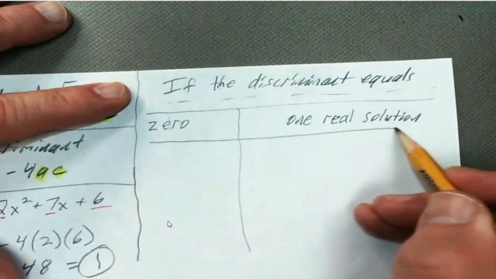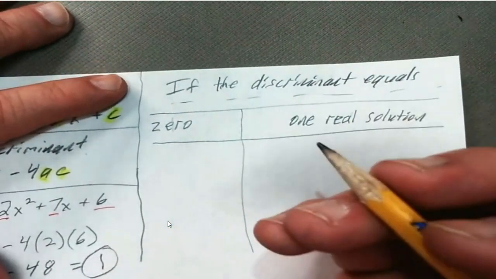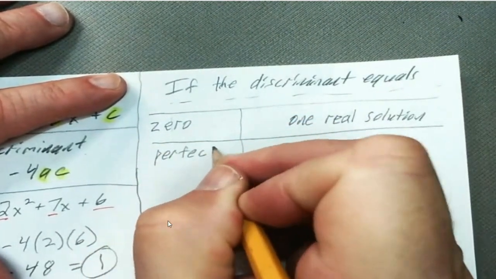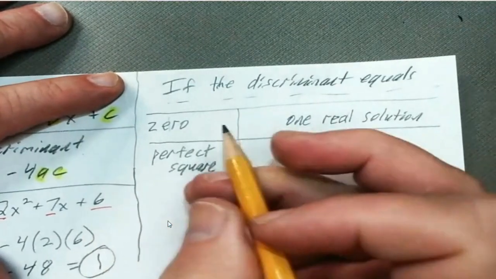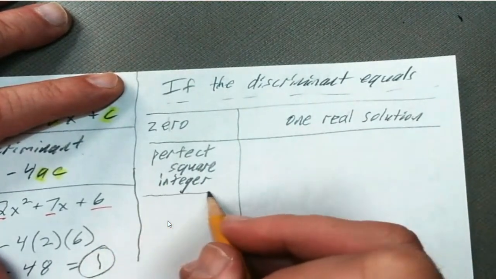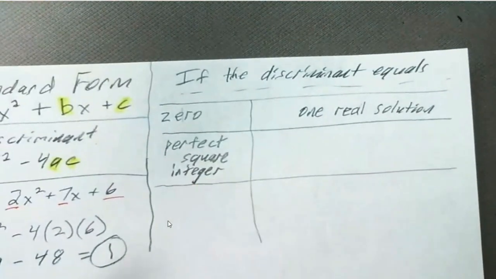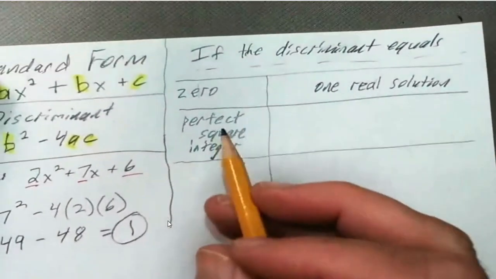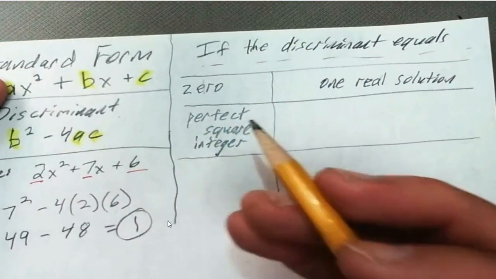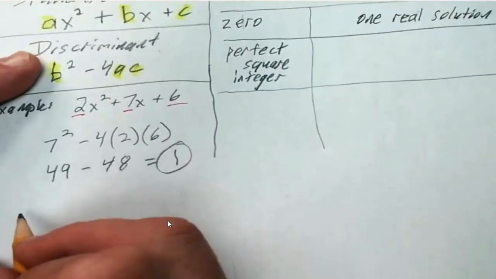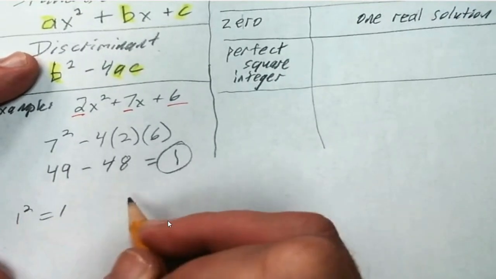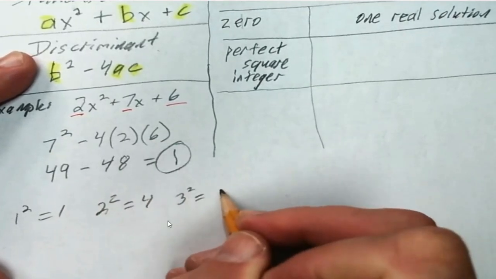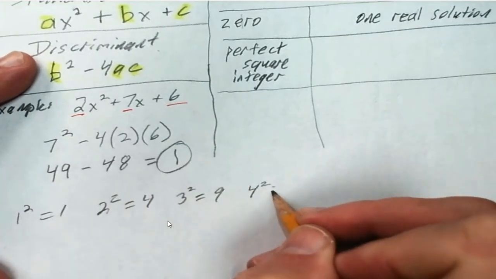So what's the next case? If it equals a perfect square integer, right? What is a perfect square integer? Well, if we think about what a perfect square is, like 1 squared, 2 squared, 3 squared, 4 squared.